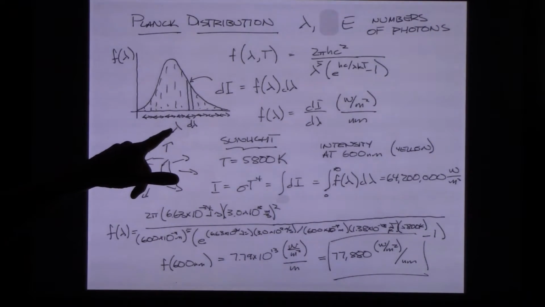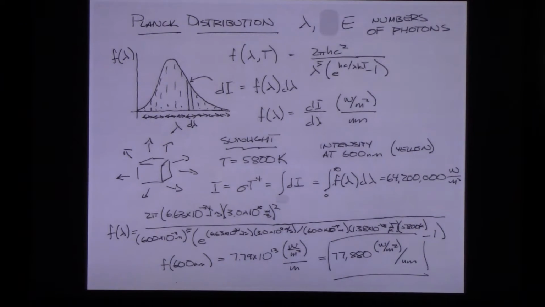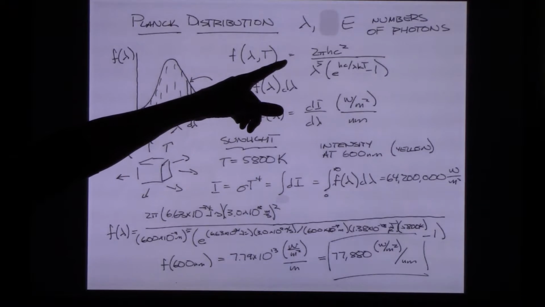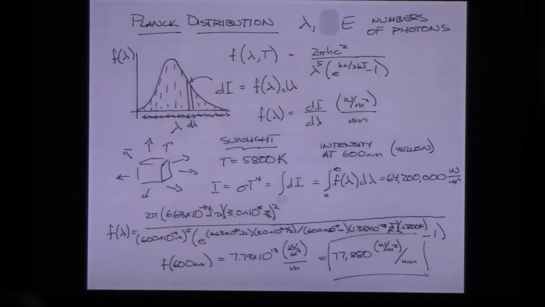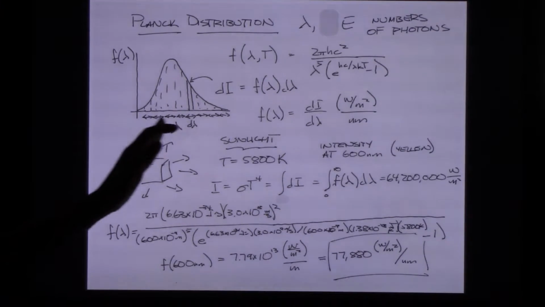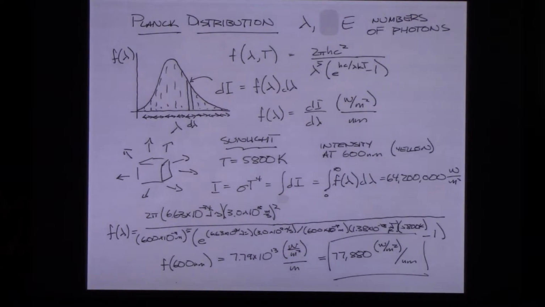Now, wavelength is not the only way we could represent this distribution. As you've seen, in some cases they're representing it in terms of frequency. We can also represent this in terms of energy of the photons, with the horizontal axis as a varying energy of the photons, and no surprise, that's my favorite way of representing these.